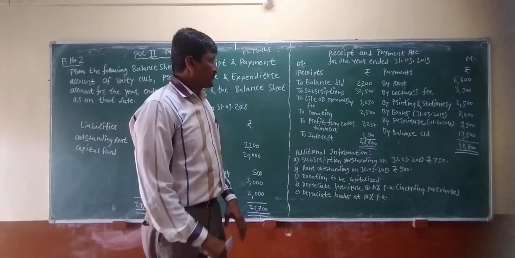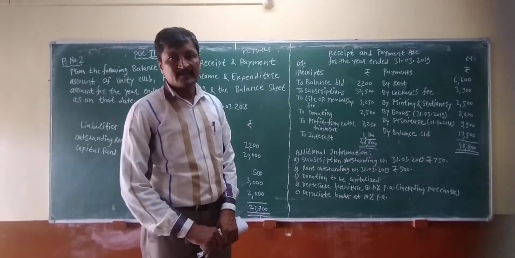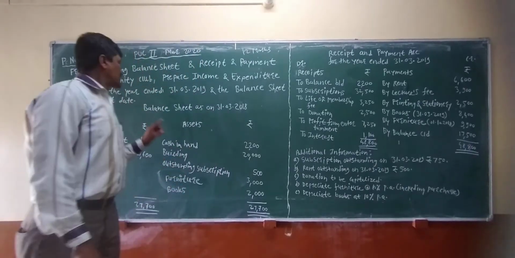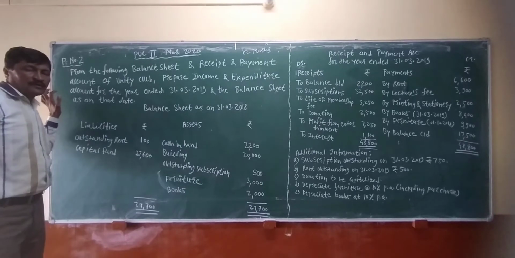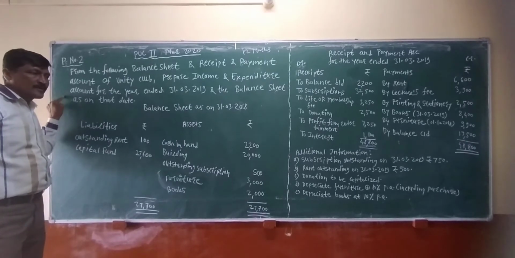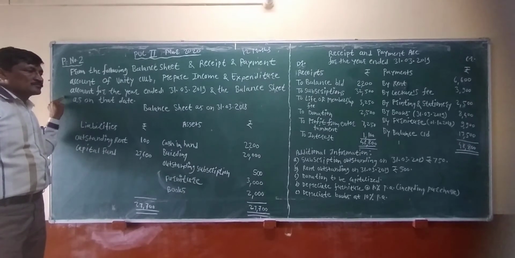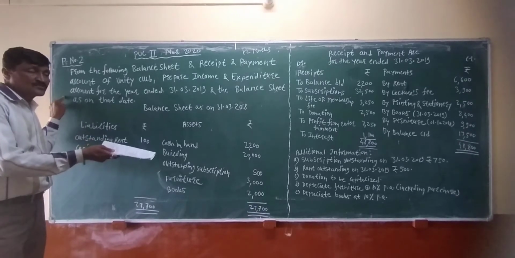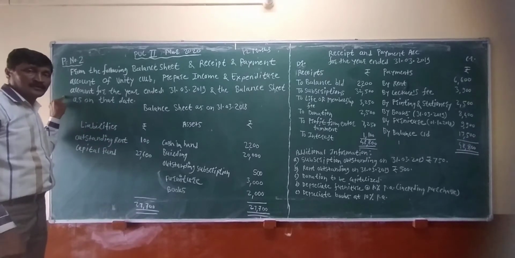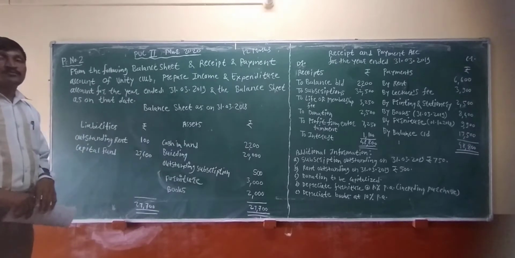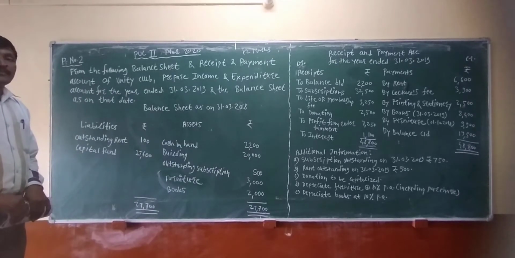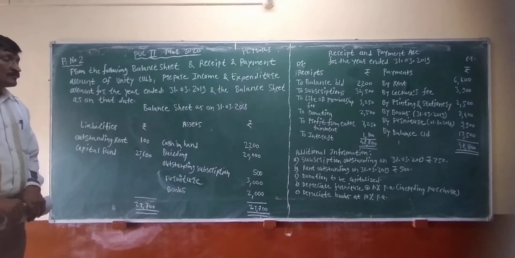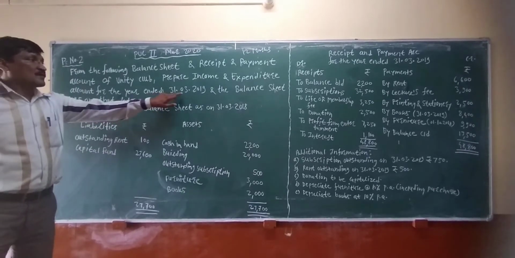Next, we can see how to solve this example. First, read the example carefully and find out which adjustments are given and what effects they have. Next, prepare the proforma of the income and expenditure account as well as the balance sheet for the year 31st March 2019.